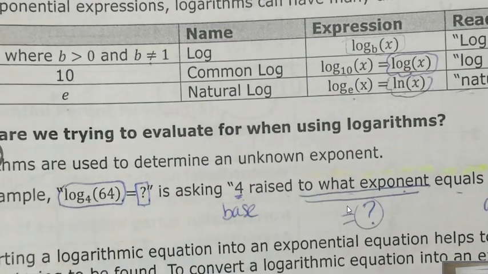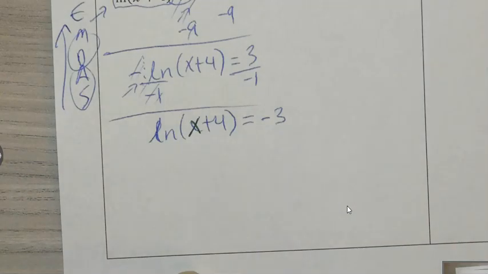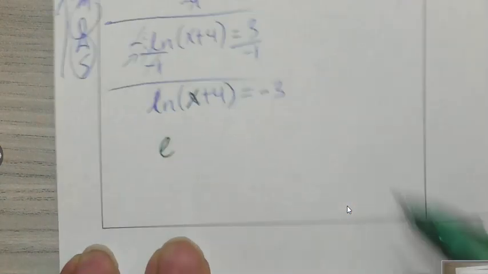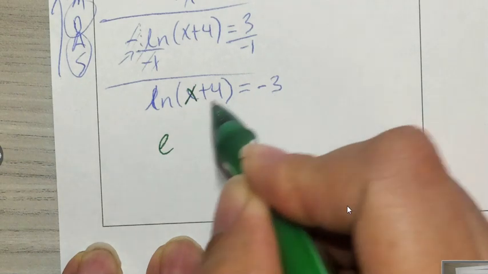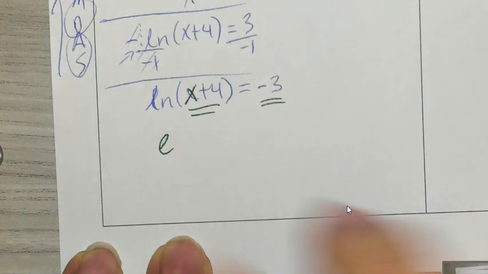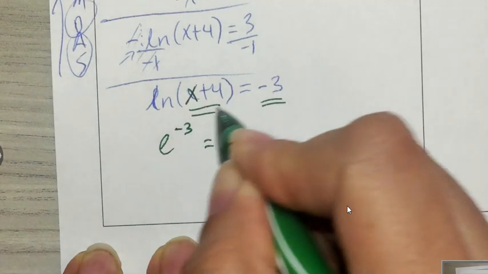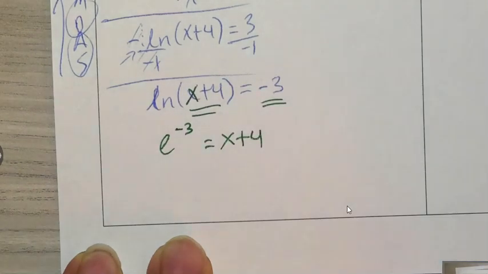So since we are writing our base is e in this case. And the exponent that we write next to e is this one, because we're going to switch these. We're going to flip them. So this is -3 as an exponent, and then it equals x plus 4.